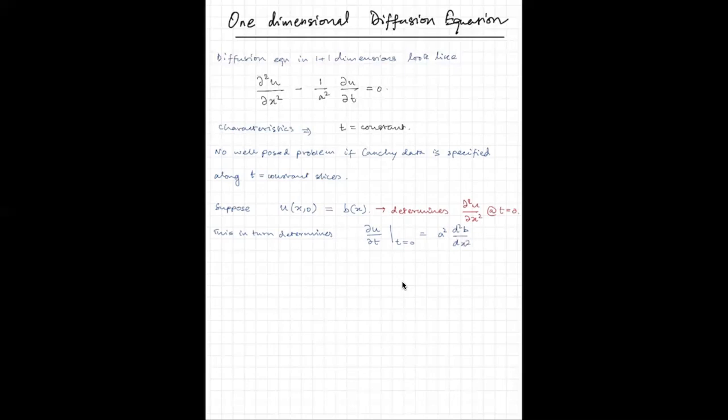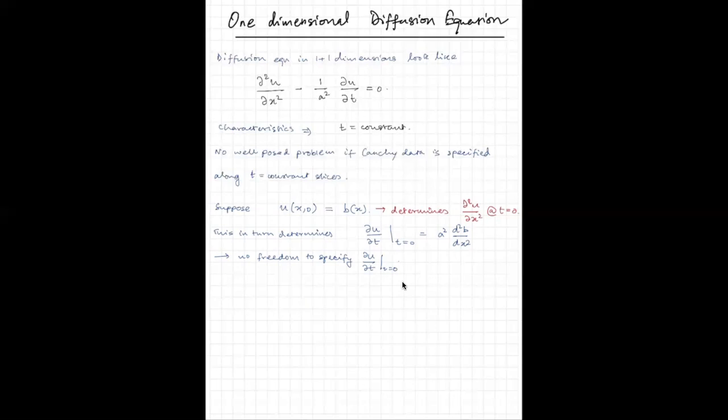So we do not have the freedom, so this essentially means that there is no freedom to specify del u del t at t equal to 0. And if you did do it, then this is just going to overdetermine the problem.